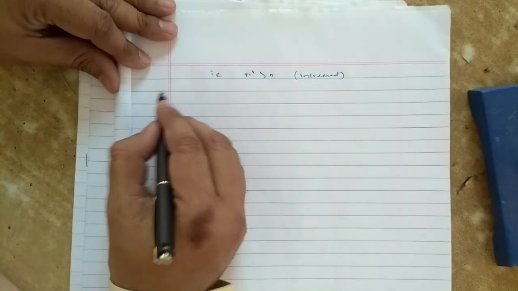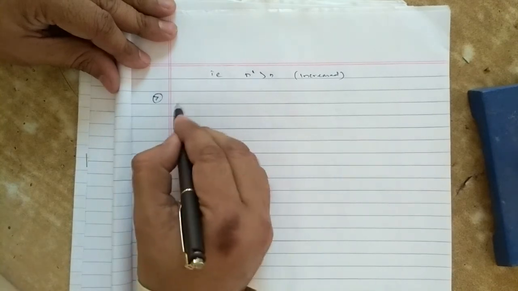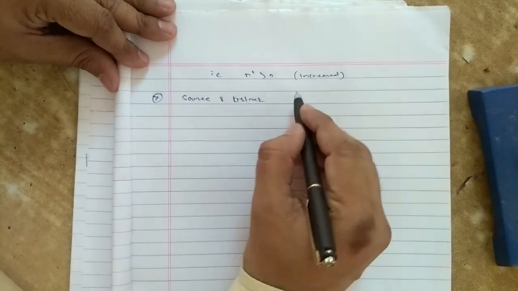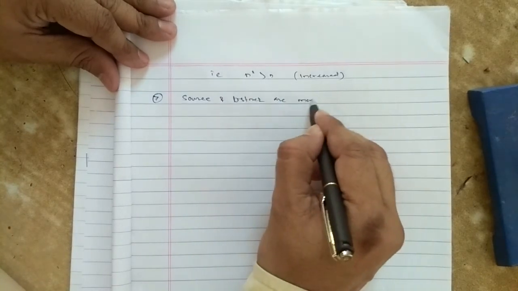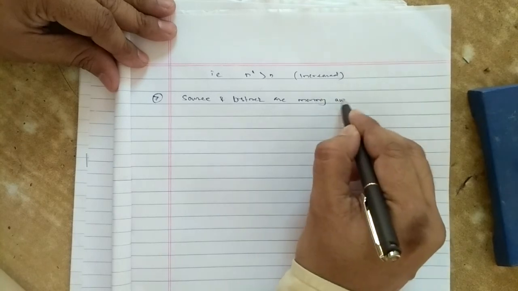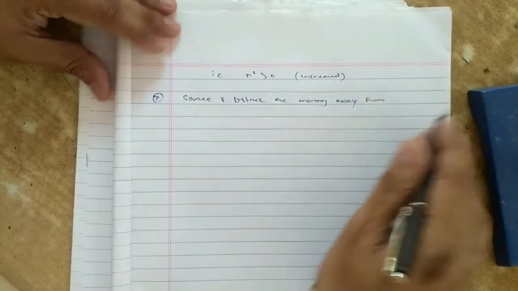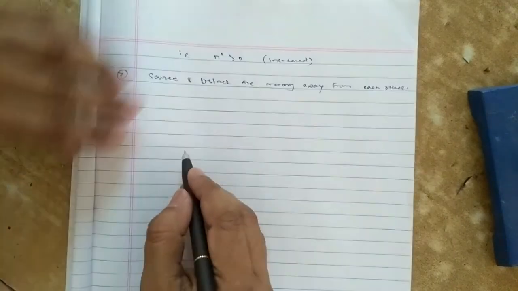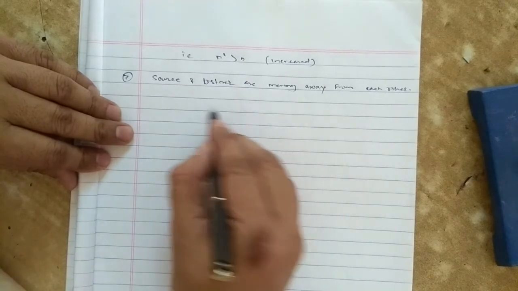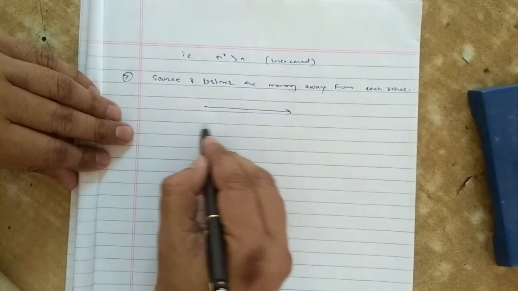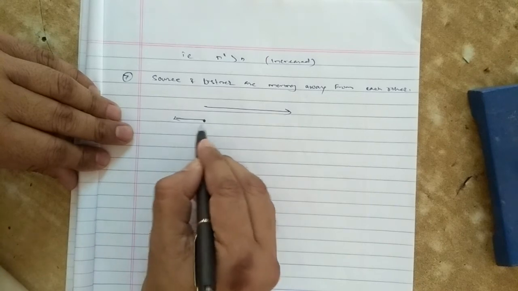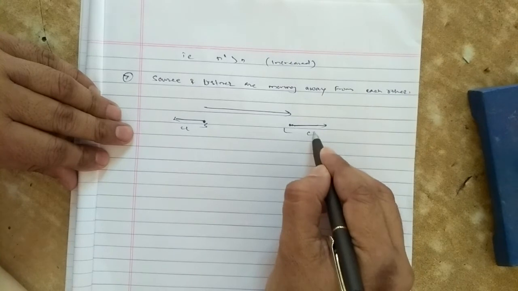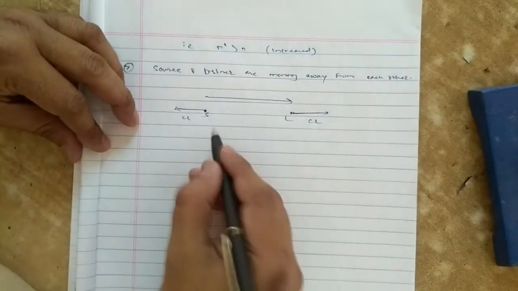Then last, case 7: source and listener are moving away from each other. This is the diagram: this is the source with Cs, this is the listener with Cl, moving away.